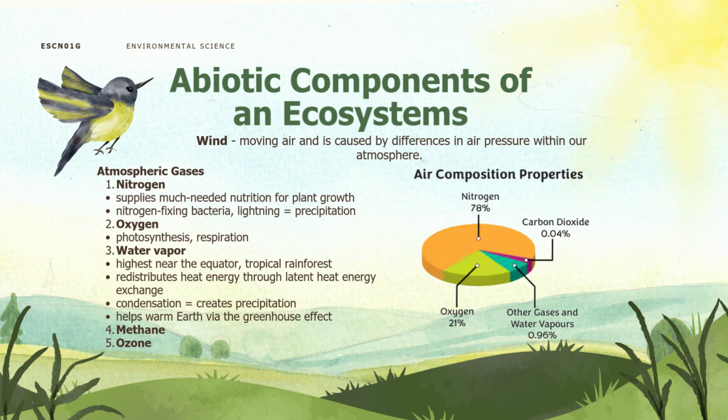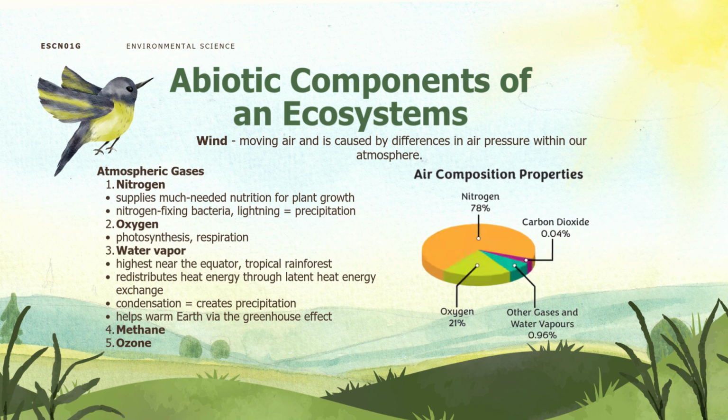Water vapor. This is highest near the equator since, again, the equatorial area is the tropic region where the concentration of sunlight is very high. Tropical rainforest is also rich in water vapor because of high humidity. So water vapor in the atmosphere is the reason why heat is being redistributed in the atmosphere.